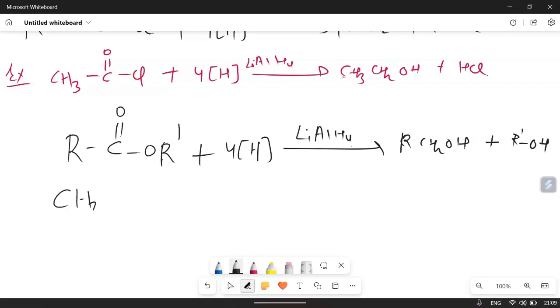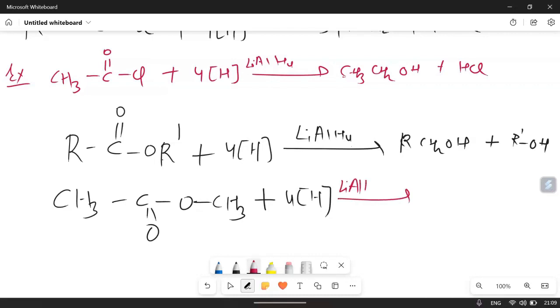For example, we have ethyl acetate, CH3C double bond O, OC2H5. This is ethyl acetate. React with 4 moles of hydrogen. You know what it will give?